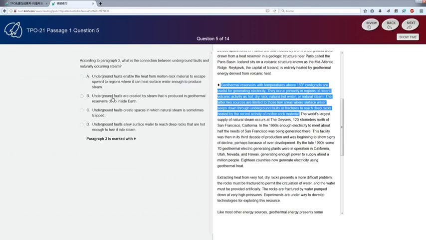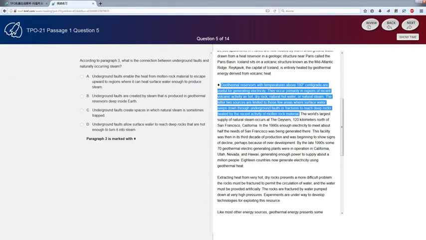Okay, that's fair. Underground faults enable the heat from molten rock material to escape upward to regions where it can heat surface water enough to produce steam. Okay. Underground faults are created by steam that is produced in geothermal reservoirs deep inside Earth. Underground faults create spaces in which natural steam is sometimes trapped. No, I haven't read something like that, guys. So I keep reading it. Underground faults allow surface water to reach deep rocks that are hot enough to turn into steam.